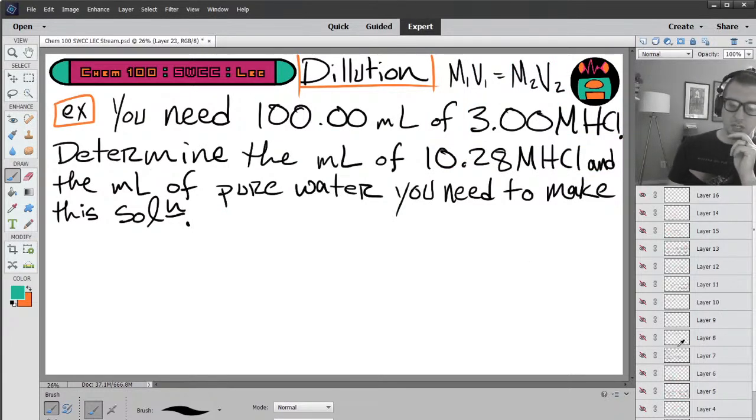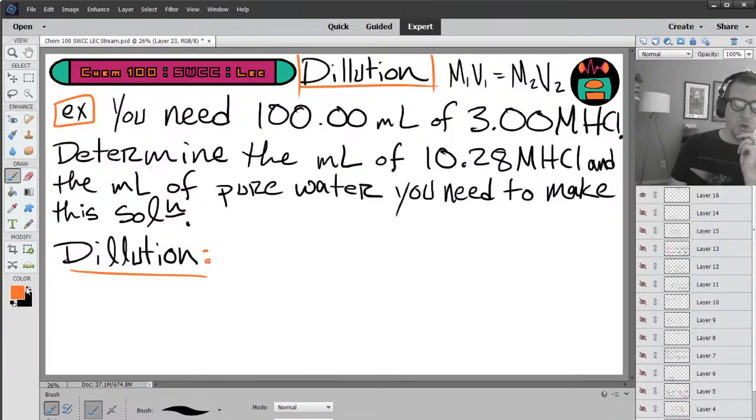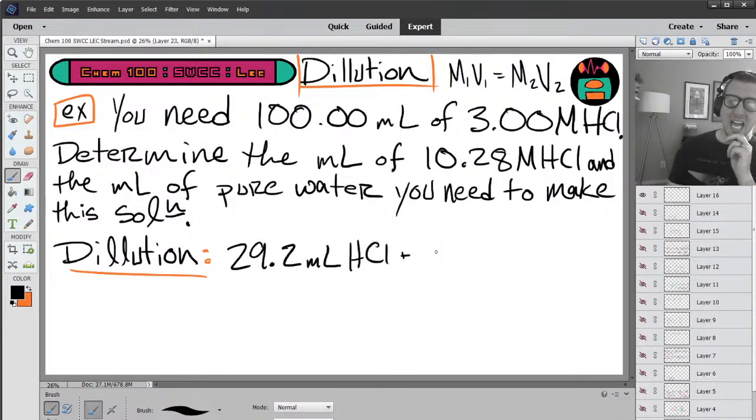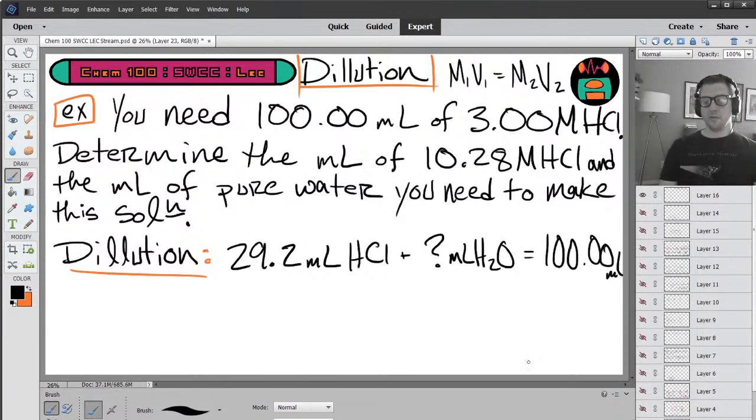So for this dilution, we are taking 29.2 mL of HCl and adding unknown amounts of pure water until it has a total volume of 100 milliliters, 100.00 milliliters.